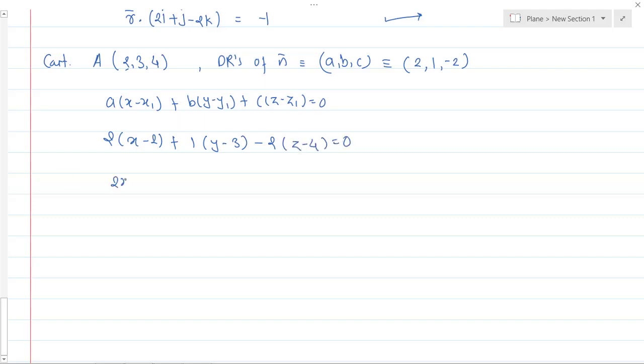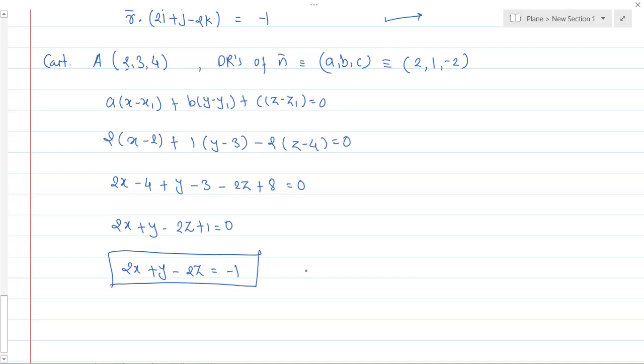So it becomes 2x minus 4 plus y minus 3 minus 2z plus 8 equals 0. So 2x plus y minus 2z, and minus 4 minus 3 is minus 7, plus 8 gives plus 1, equals 0. So the equation is 2x plus y minus 2z equals minus 1. This is the Cartesian equation of the same plane.